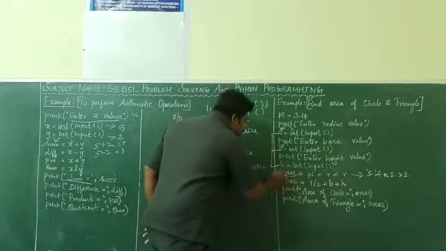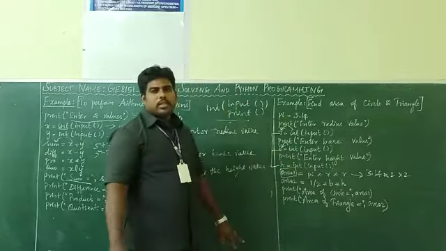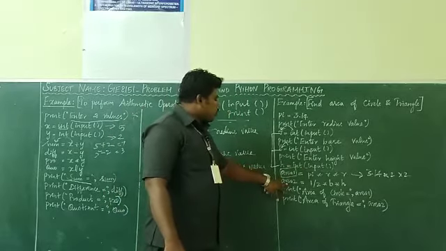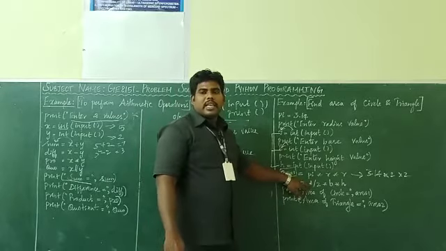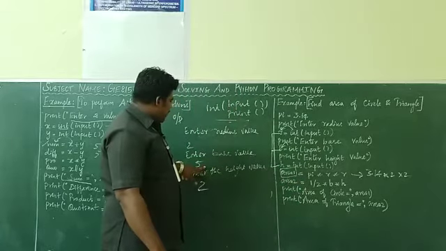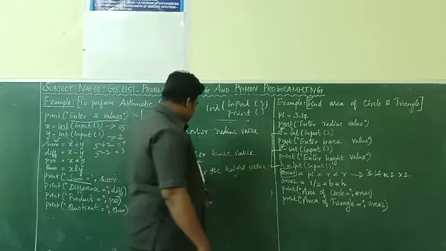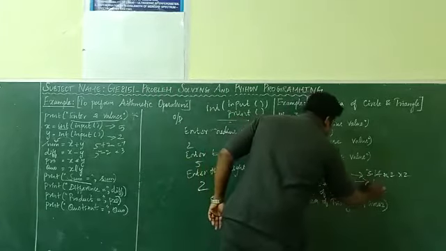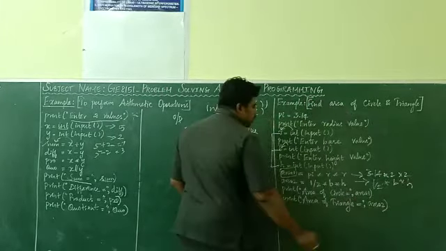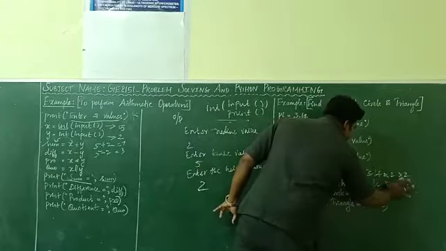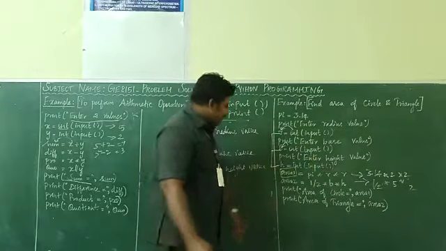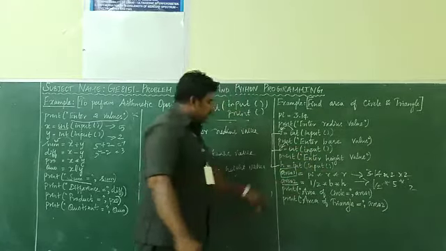The answer will be stored in area 1. Similarly, for area 2, I am calculating the area of the triangle. What's the base? 5. What's the height? 2. So half into base into height. Base is 5 and height is 2. That is also calculated and the answer will be stored in area 2.